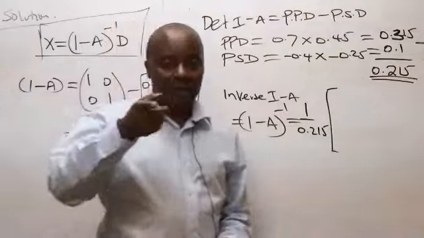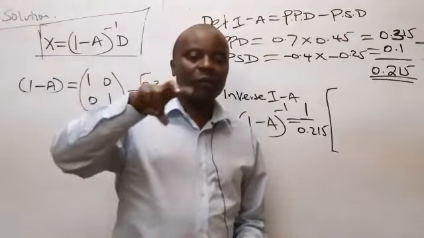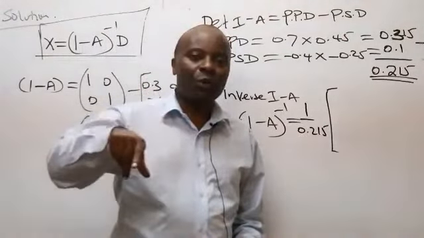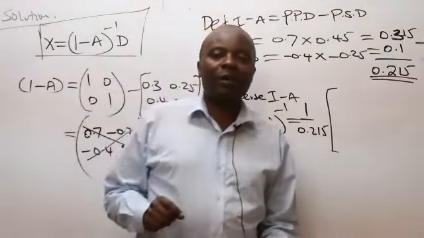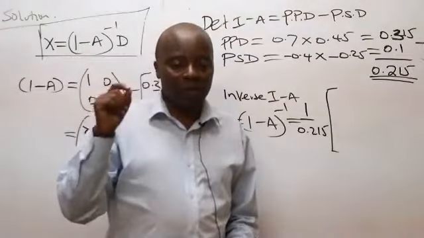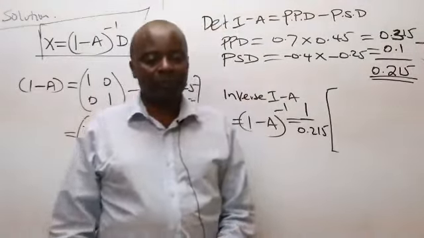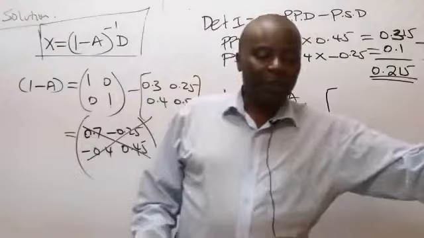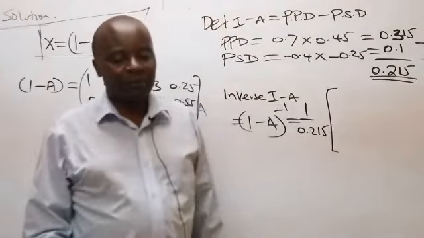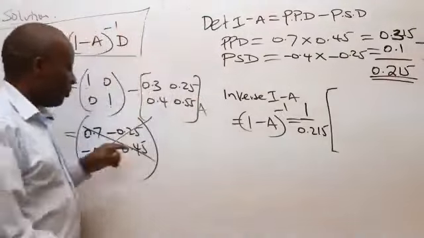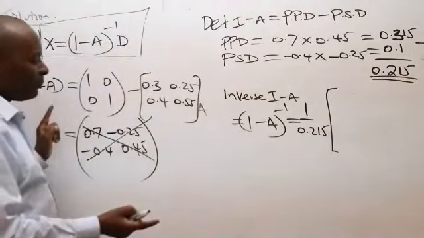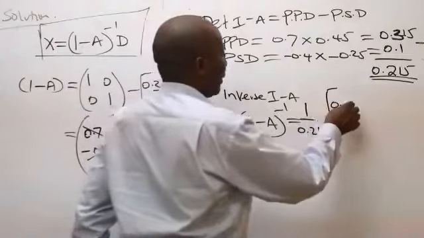into, while inversing, what is it that we normally do for primary diagonal elements? We swap them. Thanks, Gertrude. Gertrude has watched that video. Primary elements, we always swap their respective positions.